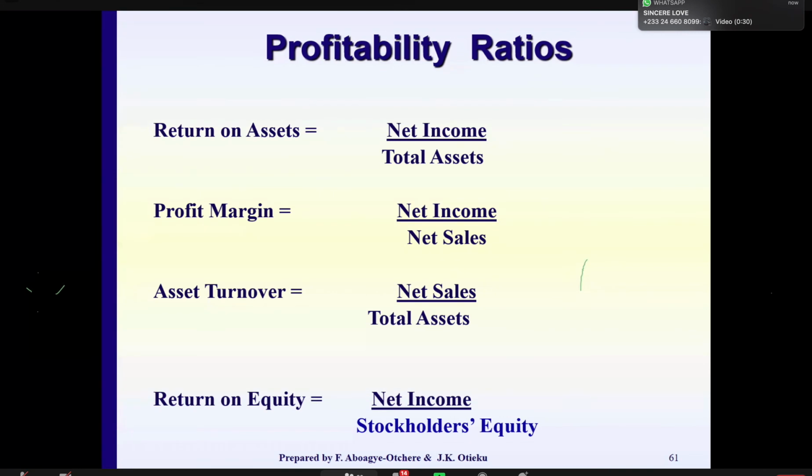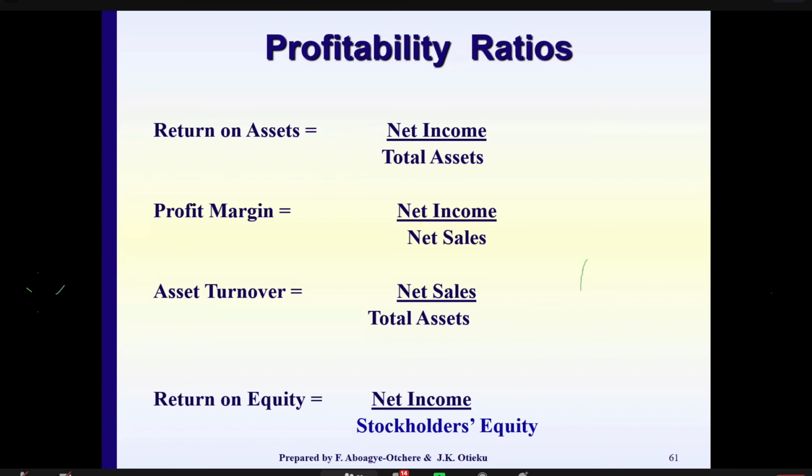Yeah, Bismarck. Please, asset equals liability plus equity. Okay, so total assets is equal to liabilities plus owner's equity.